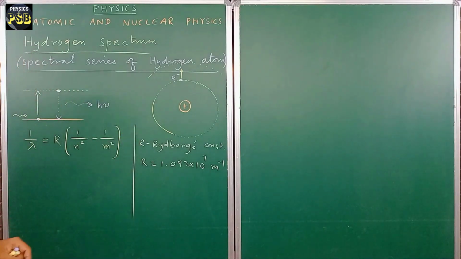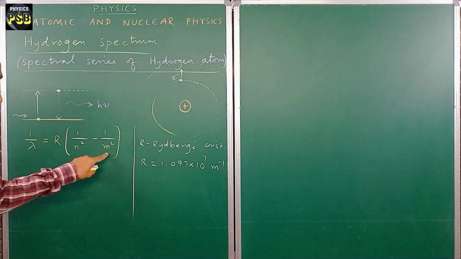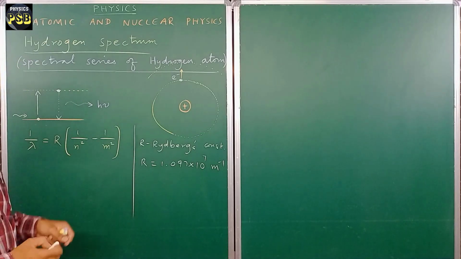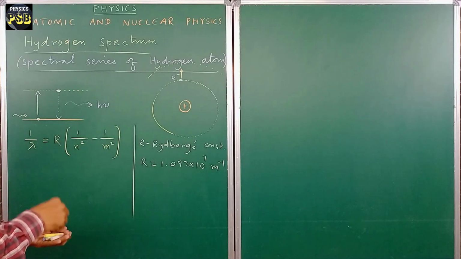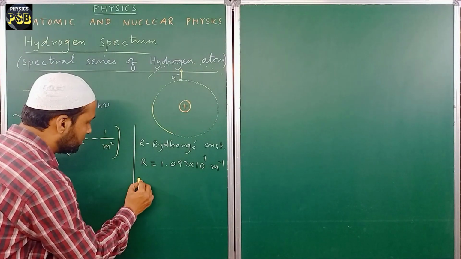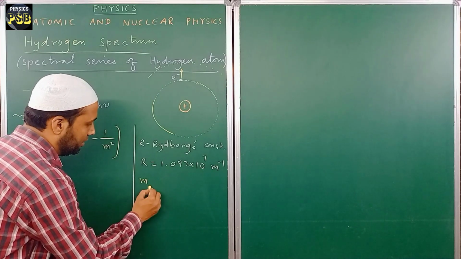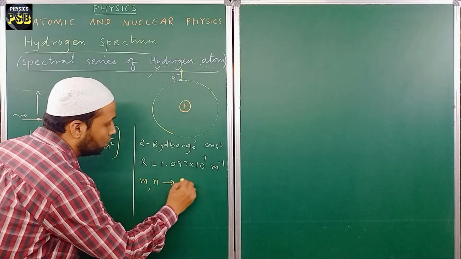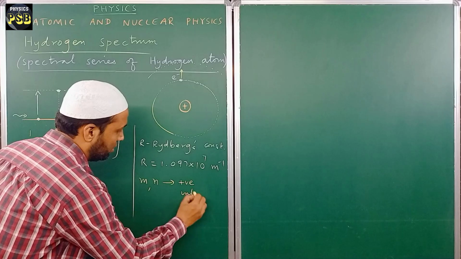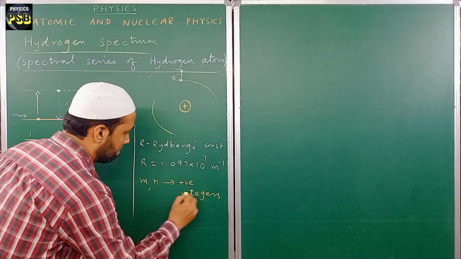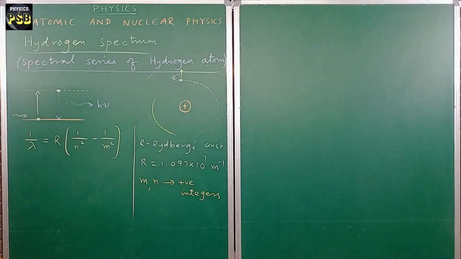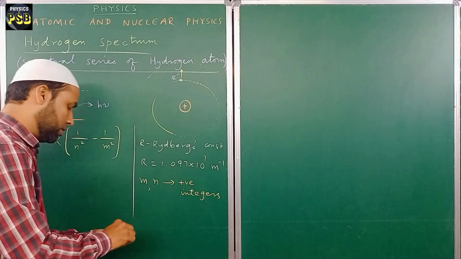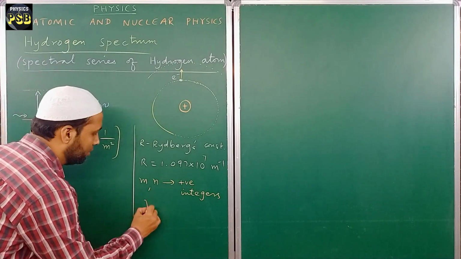And apart from this, m and n are positive integers. They're just positive numbers. And we know what lambda stands for. Here lambda is nothing but wavelength.